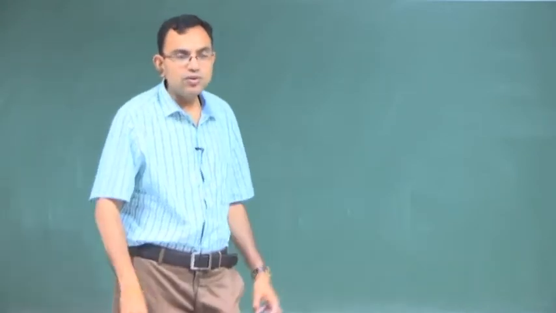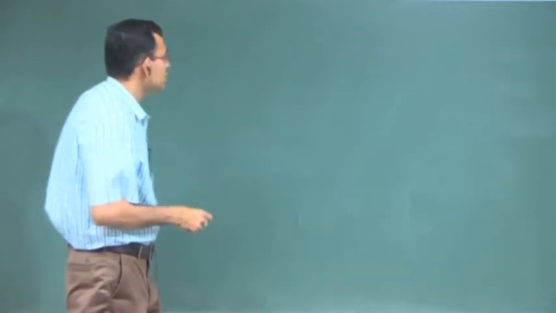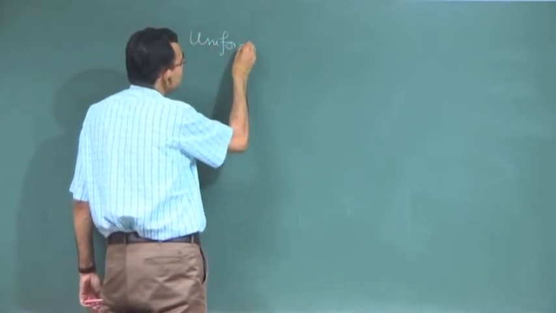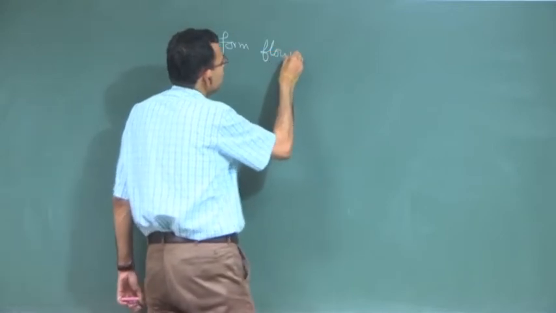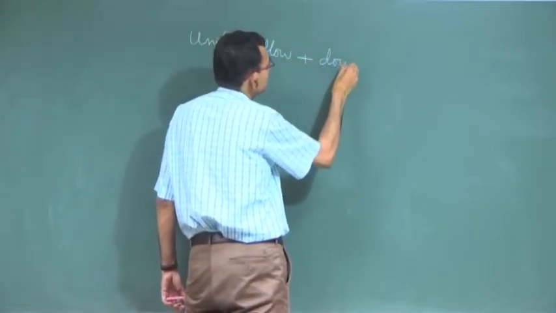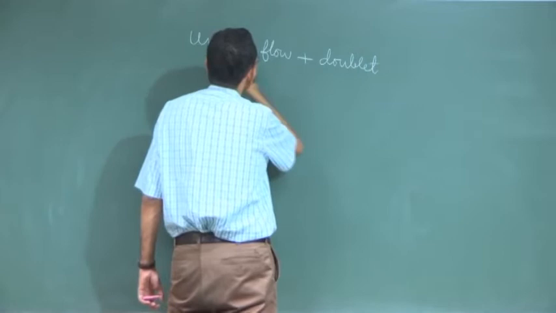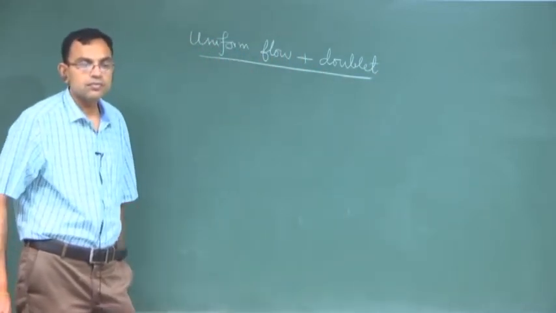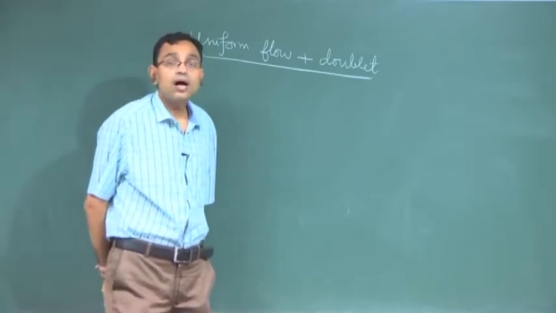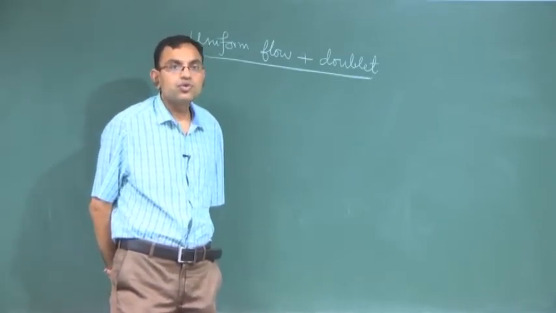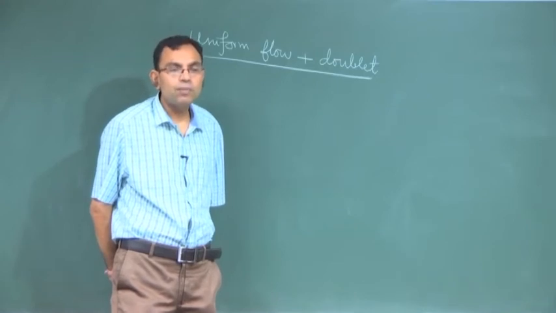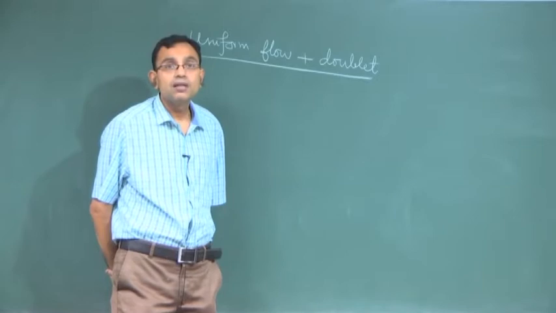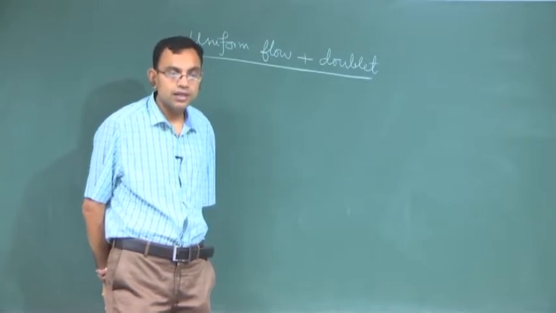I will show you that this nice combination, uniform flow plus doublet, can achieve this feat. So, how do we show that a uniform flow plus a doublet can be used to model the potential flow past a circular cylinder?